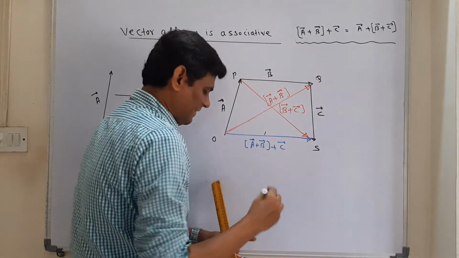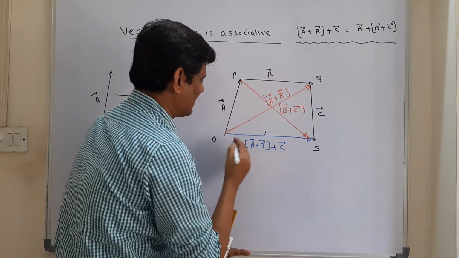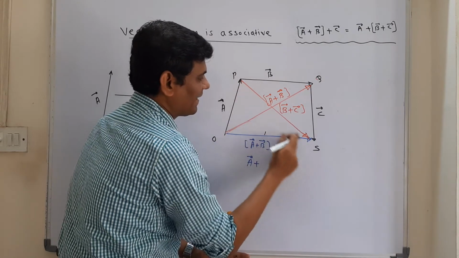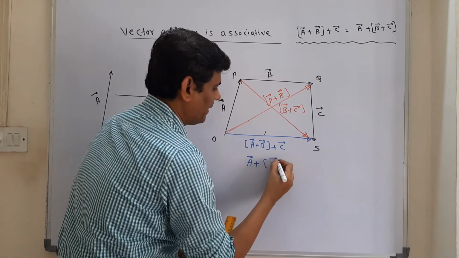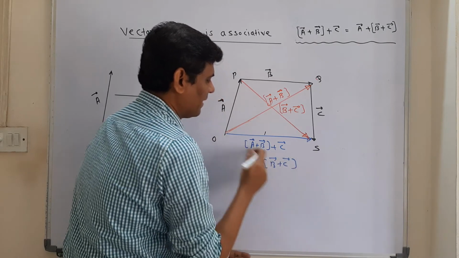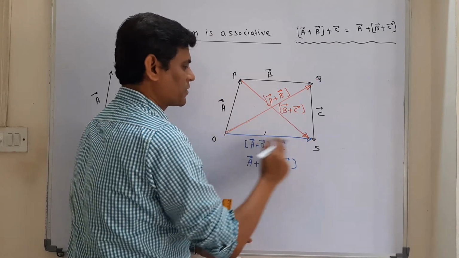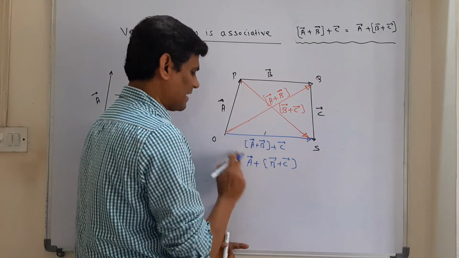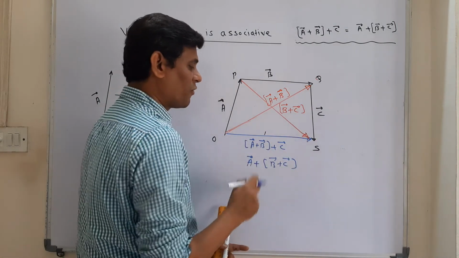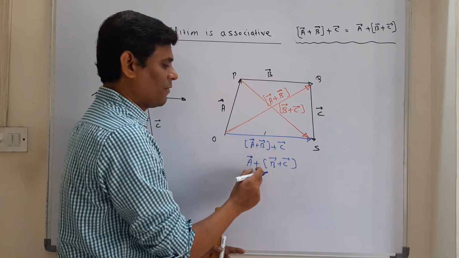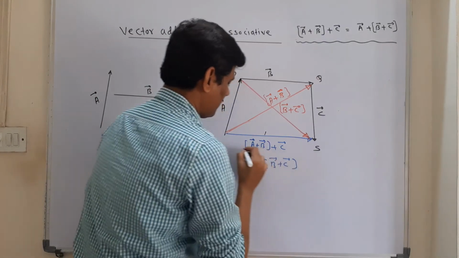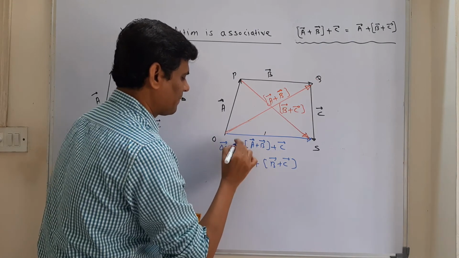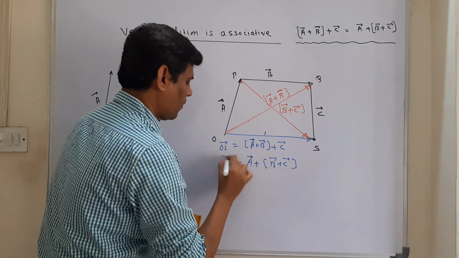So in this second case the resultant is vector A plus B plus C, which is represented by the same side, that is OS. So this is also represented by OS, this is also represented by OS. So we can say this is equal to this.